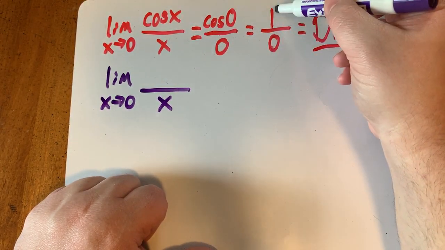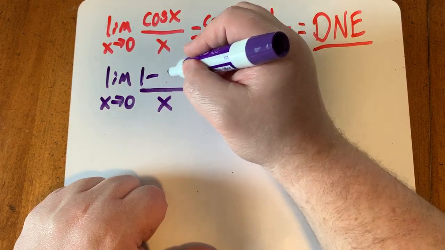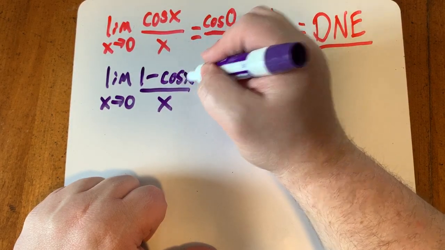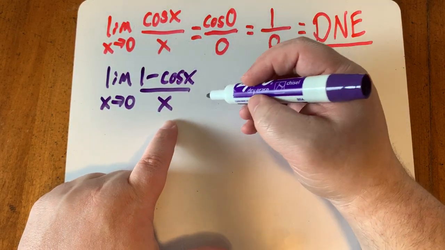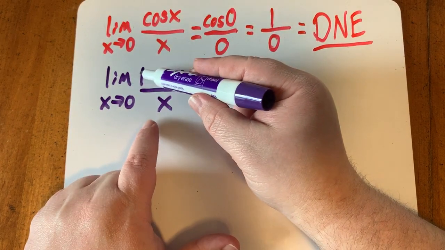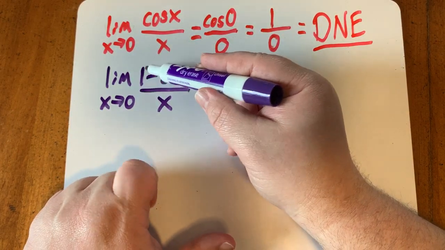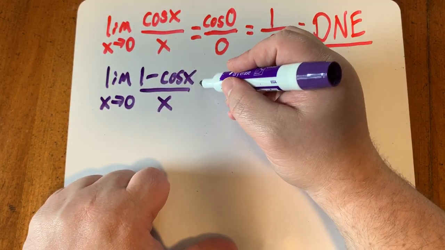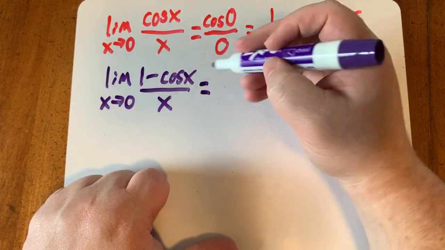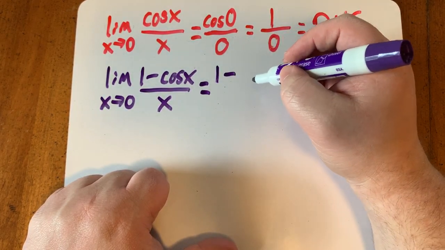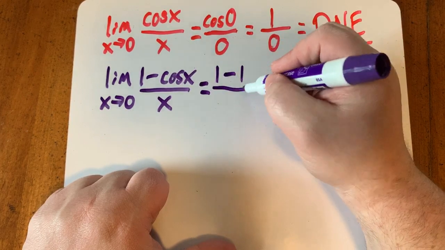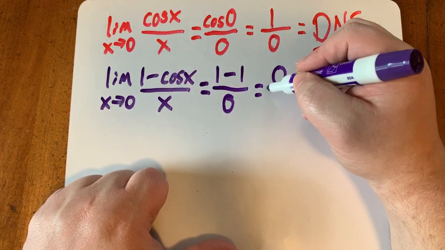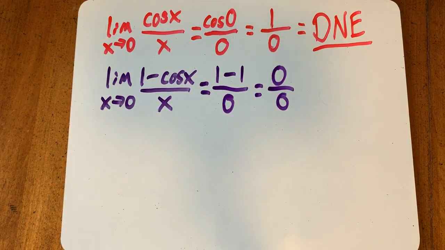And if we need to make a 1 a 0, we need to subtract it from 1. So the limit as x approaches 0 of 1 minus cosine of x over x. If you plug in 0, it's 1 minus cosine of 0, which is 1, over 0. That's 0 over 0. That's that indeterminate form.